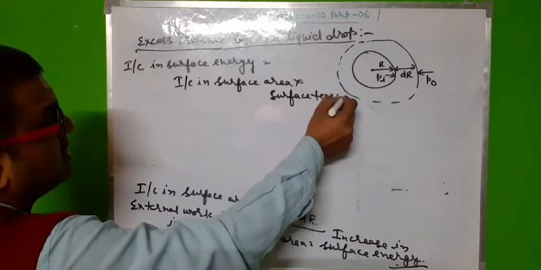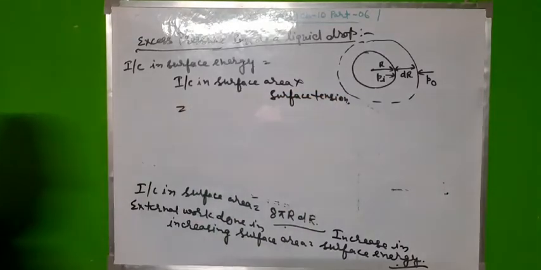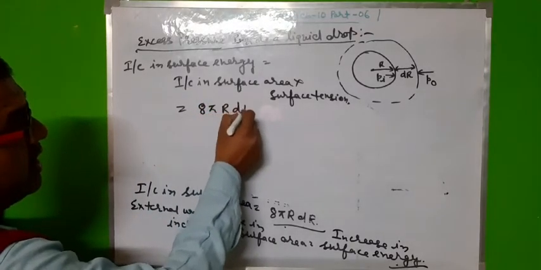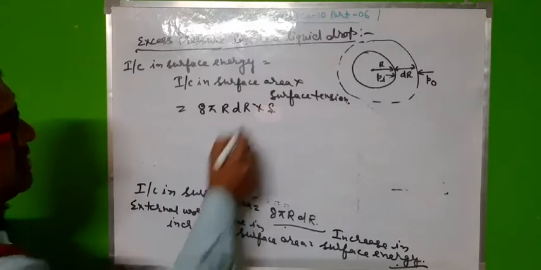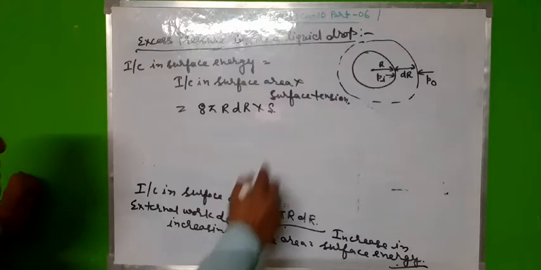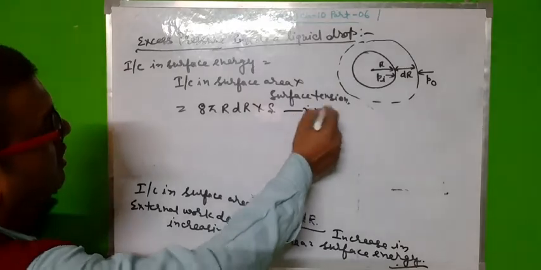And what is the increase in surface area? It is 8 pi r dr, into surface tension, that is S. So 8 pi r dr into S. This is equation number 1.